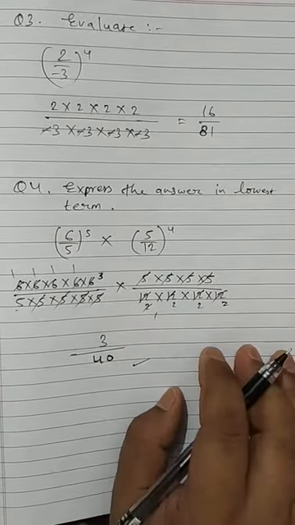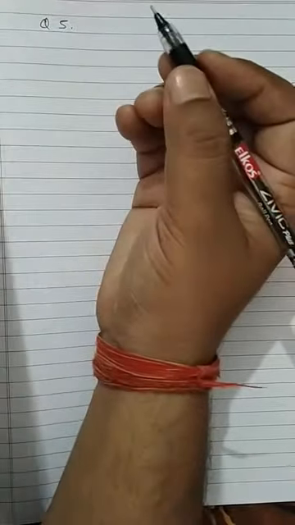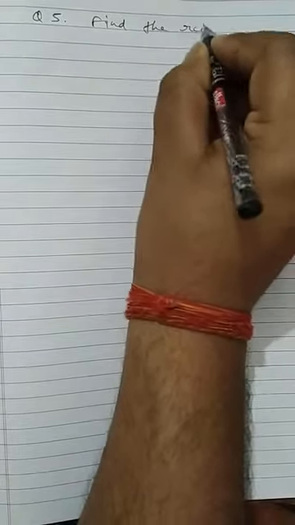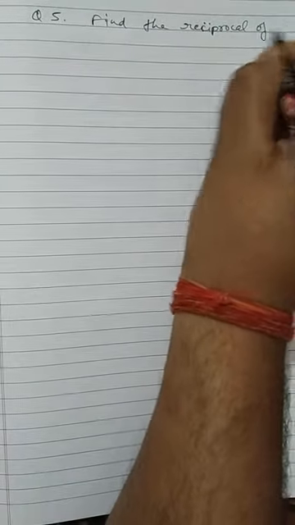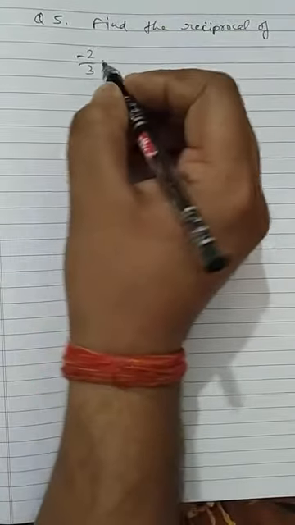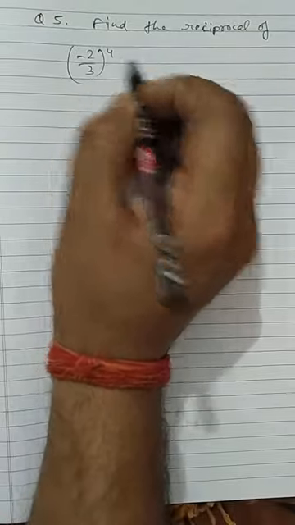Now let us take one more question. Question number 5. Find the reciprocal of minus 2 upon 3 raised to power 4.